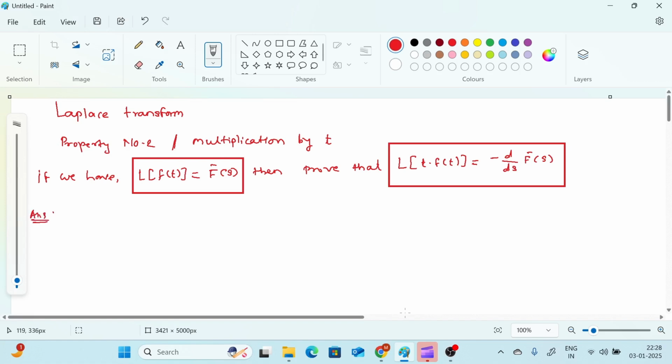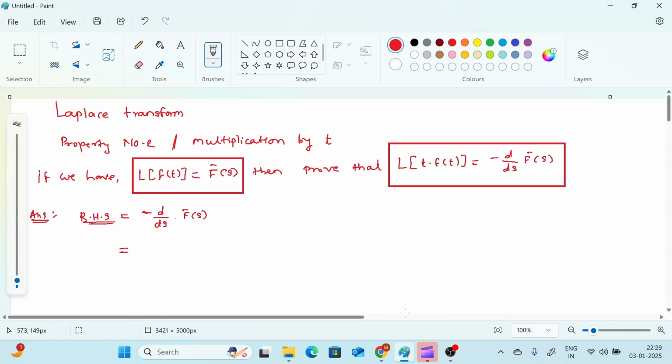Let me show you. Now I will take the right hand side. What is the right hand side? Minus d by ds a bar of s. This is the right hand side.